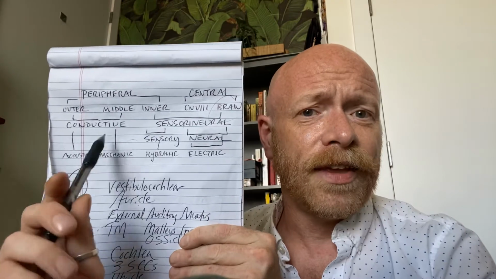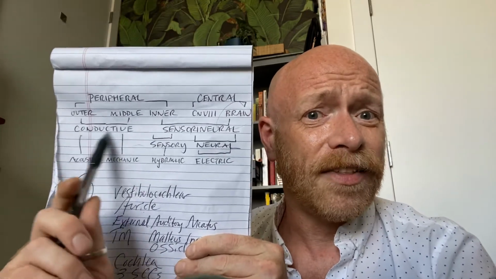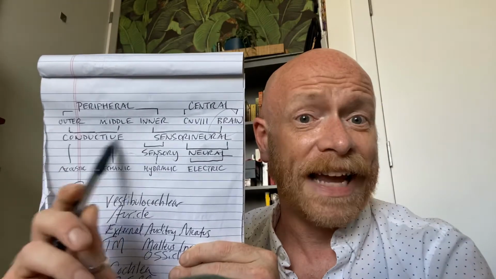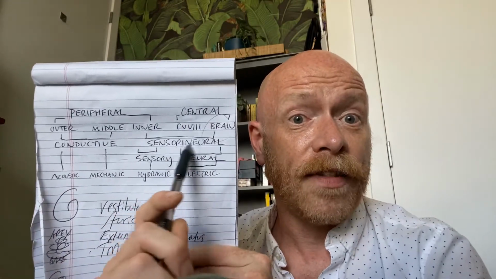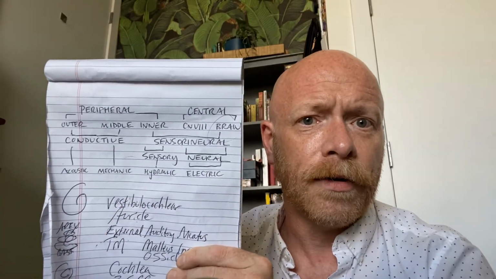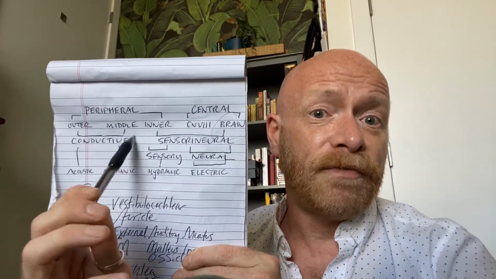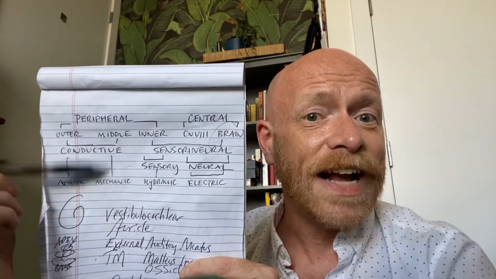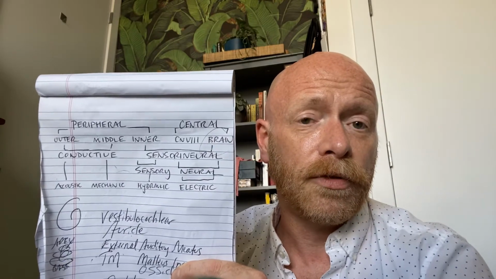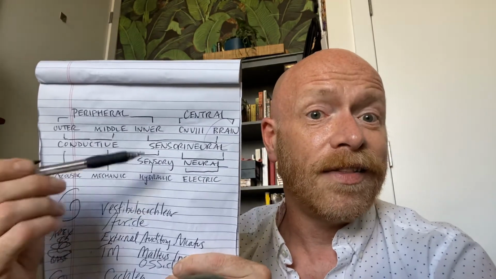I tell this to the undergraduate students, but you can think of this as sort of being like the analog part of the ear, the mechanical part of the ear, and this is the digital part of the ear, the computer part of the ear. There are some exceptions, but for the most part, you can fix conductive hearing issues surgically or medically or through treatment, through medicine.